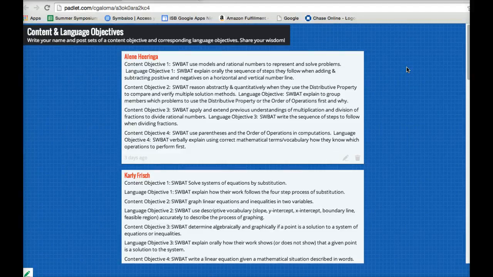Everybody had a basic similar response, stating that language objectives are important because they give students access to the terms and language needed in order for them to be successful in your content. So that is done, and I looked at those.